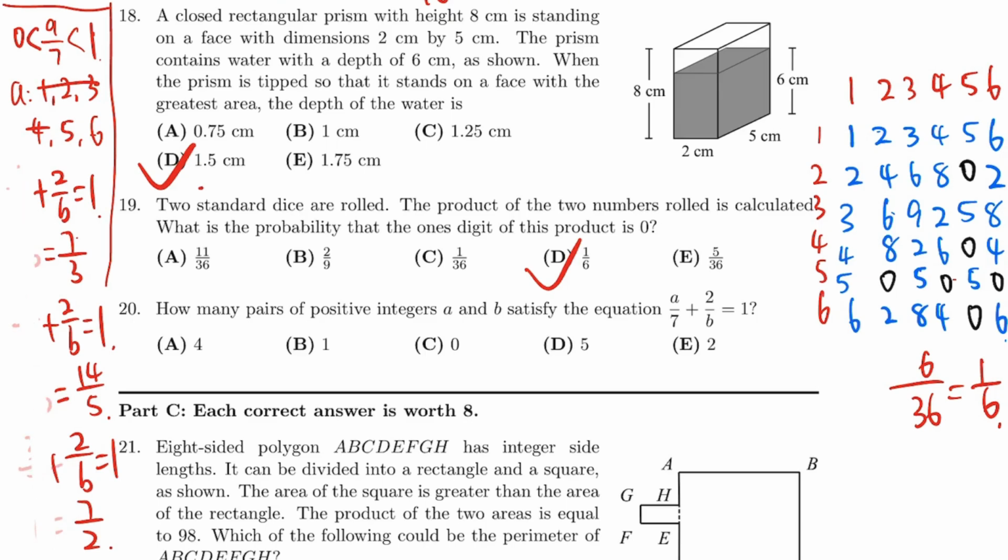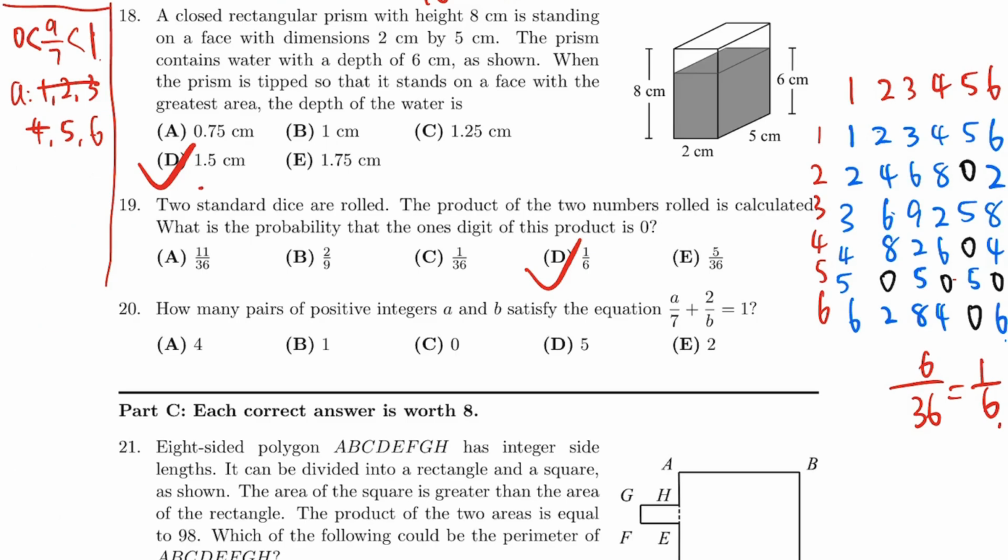Then let's try the rest. Okay. So 5 over 7 plus 2 over b is 1. So for this case, b is 7. Okay, which satisfies. 6 over 7 plus 2 over b is 1.